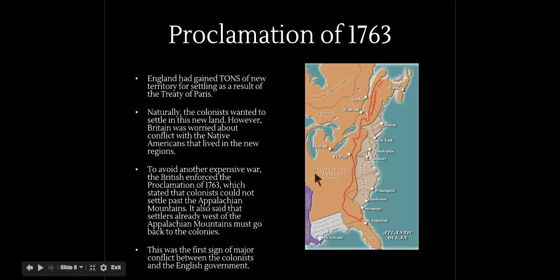So if you were a settler that was already in Indian territory, you had to move back to the colonies. And the Appalachian Mountains served now as a legal boundary. For this slide, Proclamation of 1763, this bullet point right here needs to be copied into your notes.